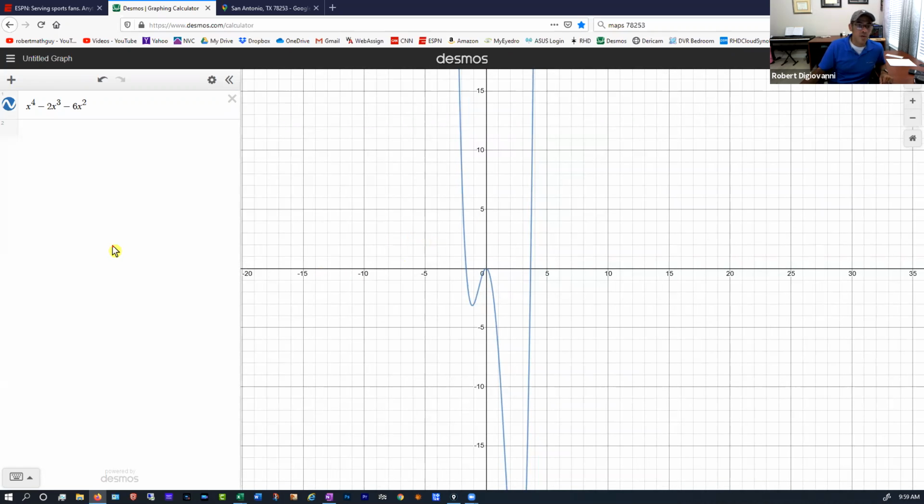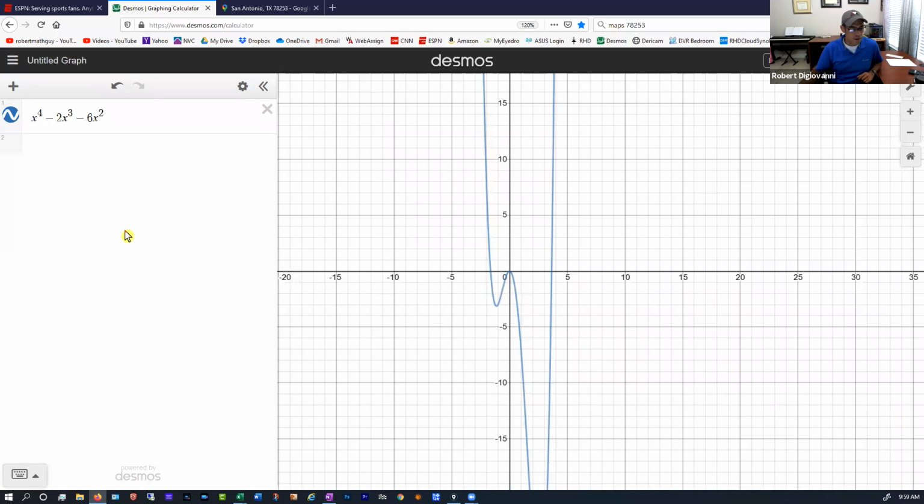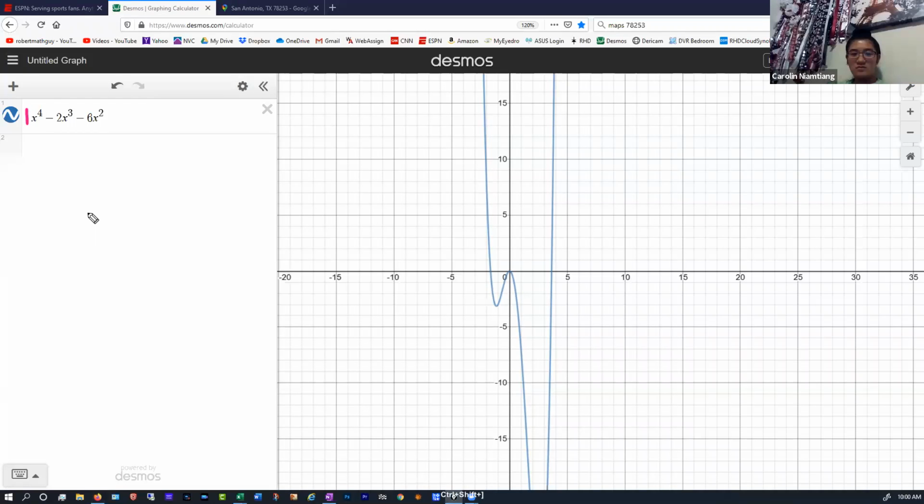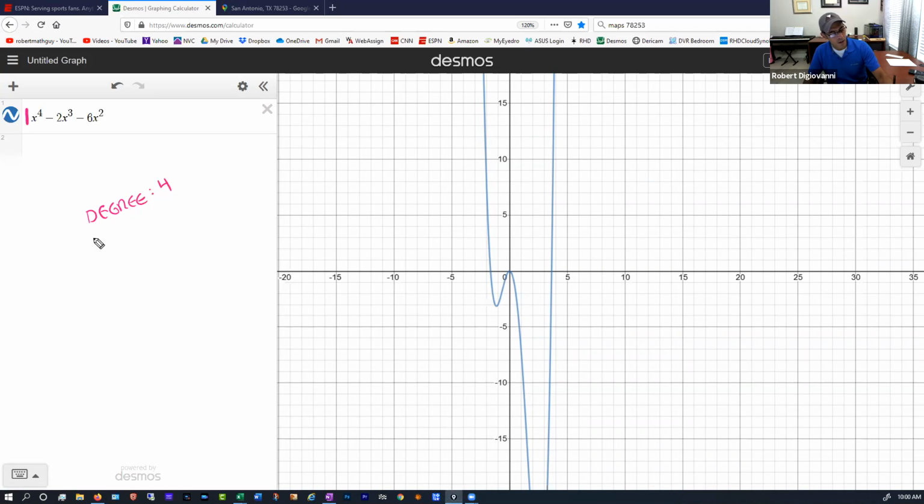Okay, so the degree of this polynomial is what? What's the degree of this polynomial? 4. 4, and the leading coefficient is 1. So this has a degree of 4, a leading coefficient of 1.